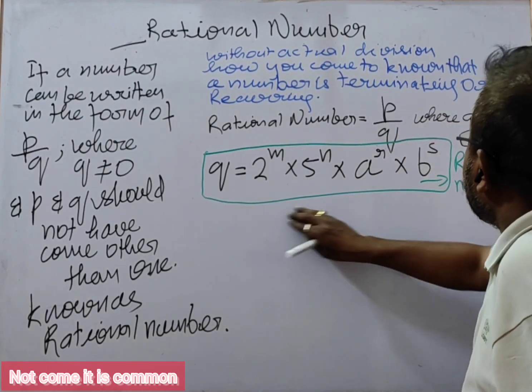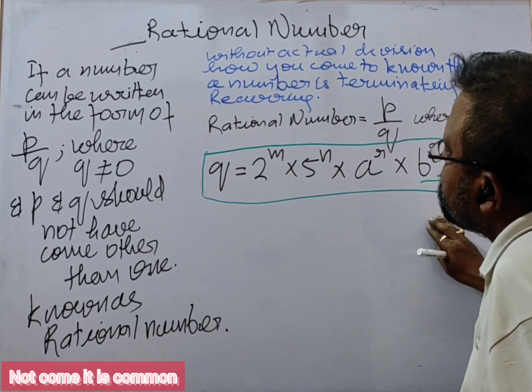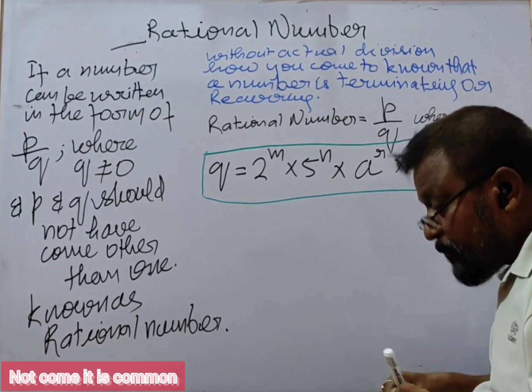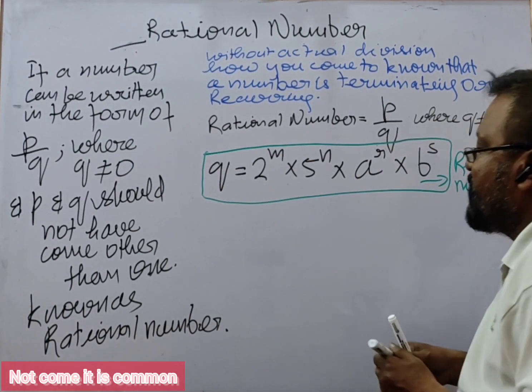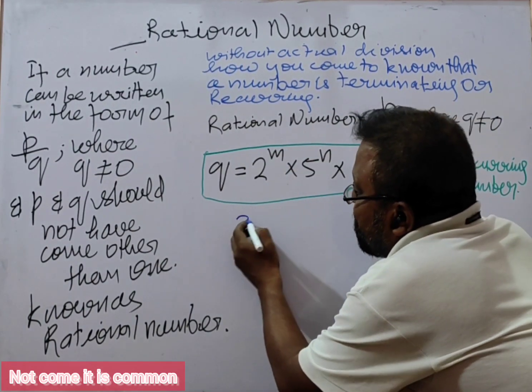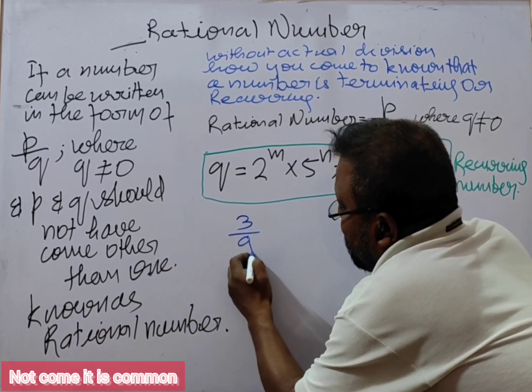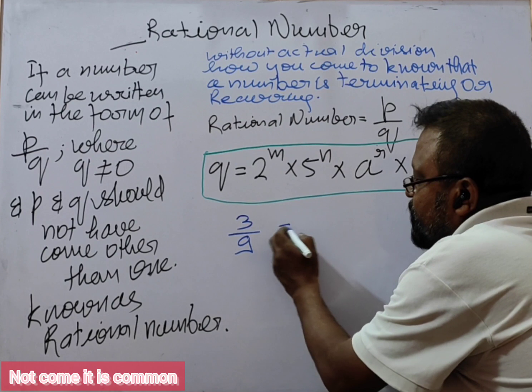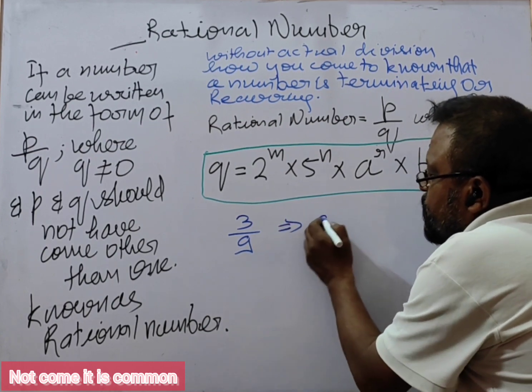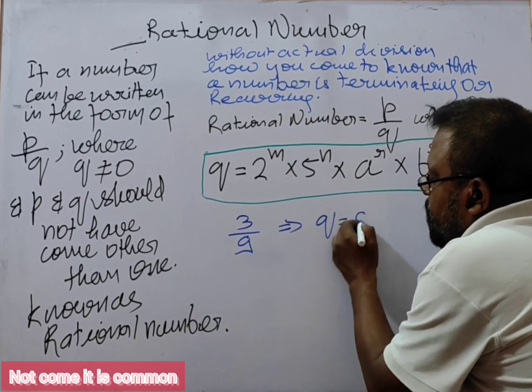If you understand this, okay. So now your question is there. If I take 3 upon 9, right? So what happens? q is equal to 9, right?